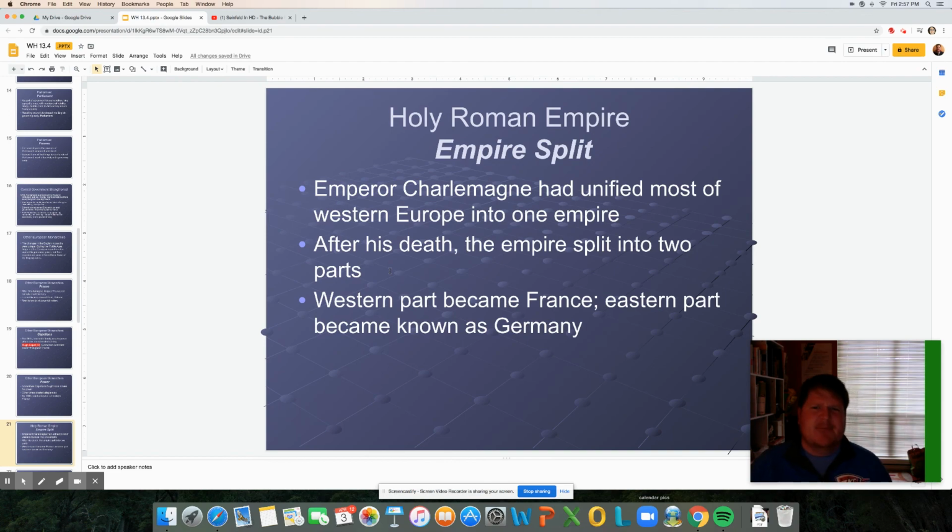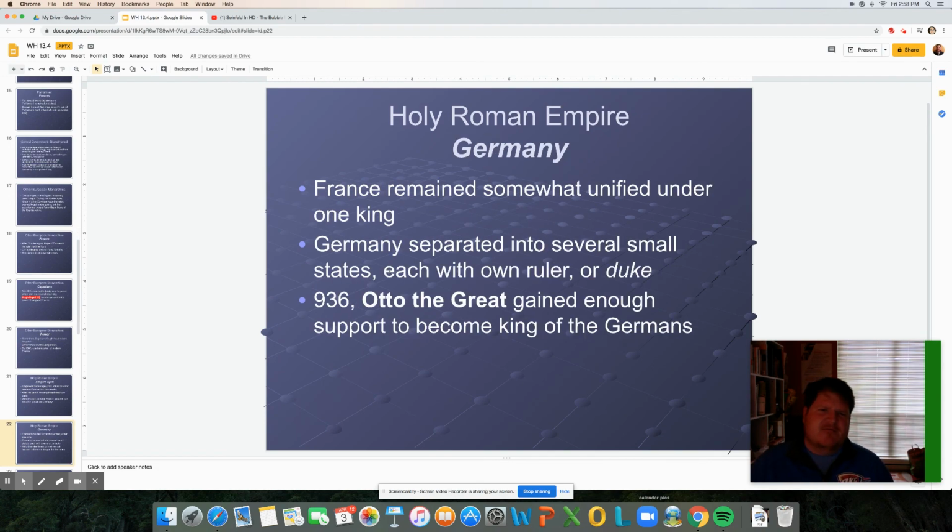We do see the empire split. Emperor Charlemagne had unified Western Europe into one empire, but after his death we see the split, which led to the western part becoming France and the eastern part becoming Germany. France remained somewhat unified under one king, whereas Germany had several small states with a ruler or a duke.